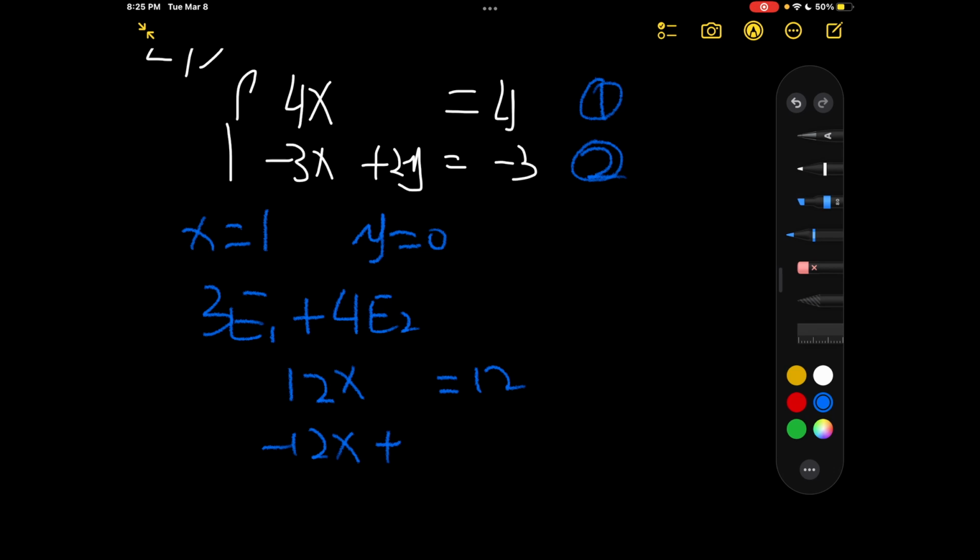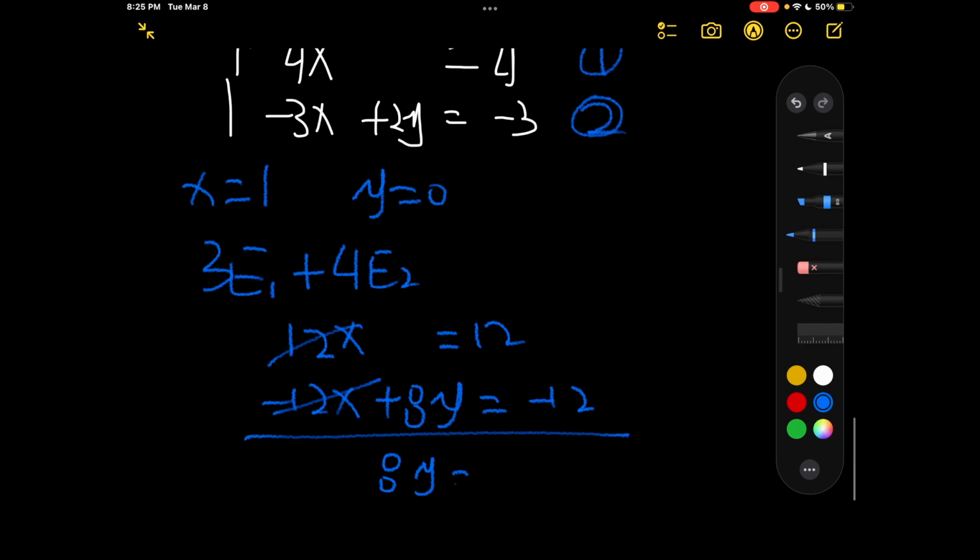And 4 times 2 equals 8y, and 4 times -3 is -12. Adding together, the x terms cancel out, and 8y alone equals 0, which is y equals 0.